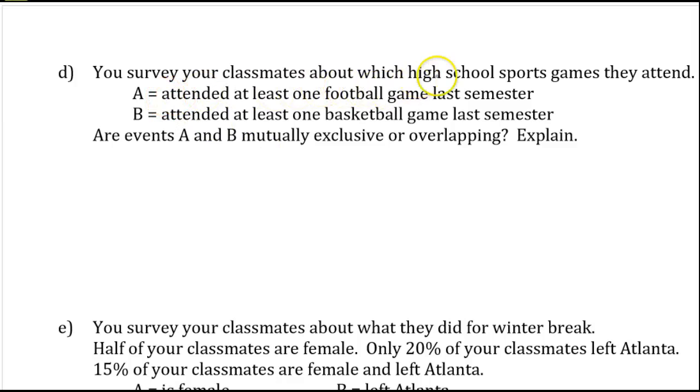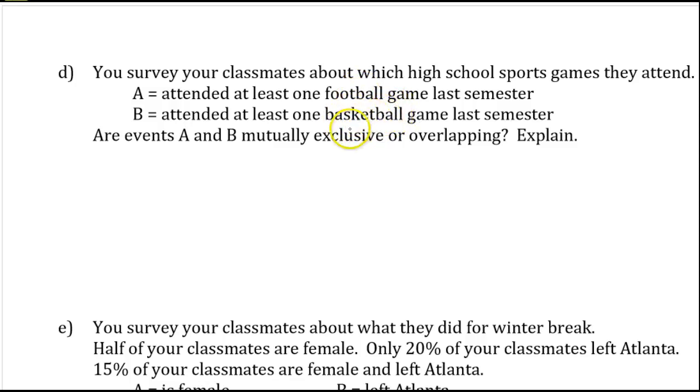You survey your classmates about which high school sports games they attend. A is they attended at least one football game last semester. B is they attended at least one basketball game last semester. So football, basketball. Are these events mutually exclusive or overlapping? Explain. These are going to be overlapping because there could be people who attended a football game last semester, and they also attended at least one basketball game last semester.